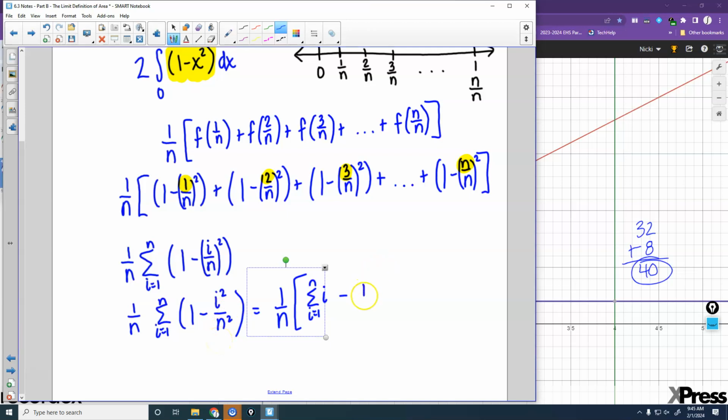I'm going to do 1 over n squared times the sum from 1 to n of i squared. What I'm looking for here is I want this part and this part to just be an i squared or i cubed, so I can plug that in. Yes?